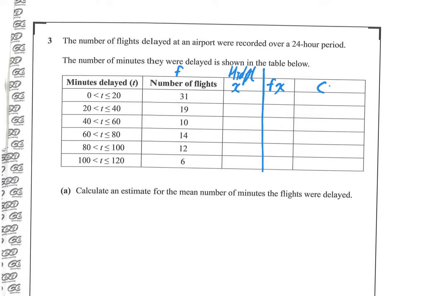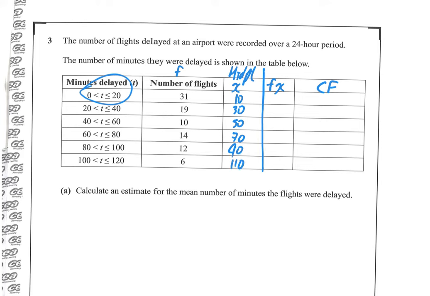And because I looked ahead and they're talking about the median, I'm going to have a cumulative frequency column as well. To get my first midpoint, add these two values, 0 and 20, and divide by 2, which gives me 10. The next one is 20 plus 40 divided by 2, which is 30. Next is 50, then 70, then 90, and the last one is 110. So they're my mid values.